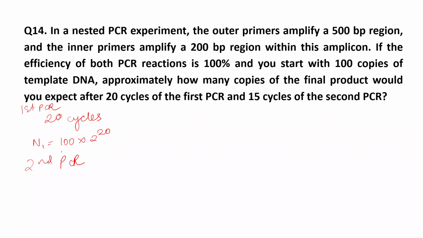In the second PCR, as I told you, the final number is equal to the initial number into 2 to the power number of cycles. Here n1 becomes the initial number, into 2 to the power 15. So here it will be 100 into 2 to the power 20 into 2 to the power 15. Is it okay?